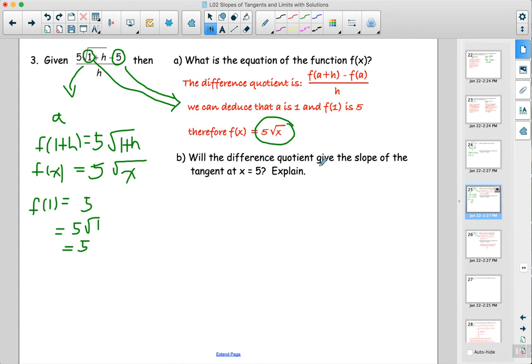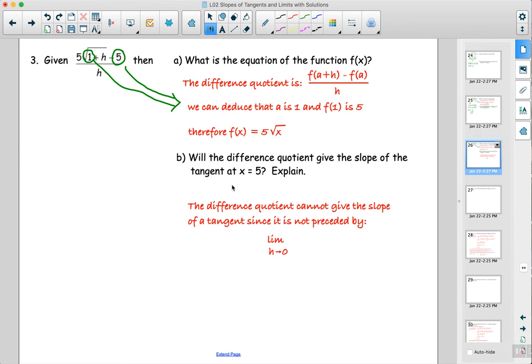Will the difference quotient be able to give us the slope of the tangent at x equals 5? So this difference quotient here, can it give us the slope of the tangent at x equals 5? Now, in this particular case, I've noted a couple things. One, it's not giving the slope of the tangent because it's not preceded with the limit.